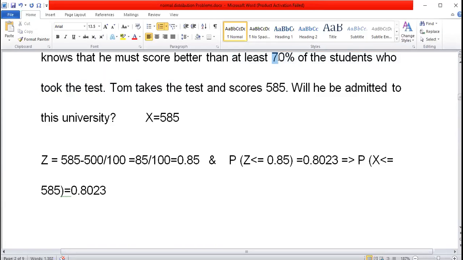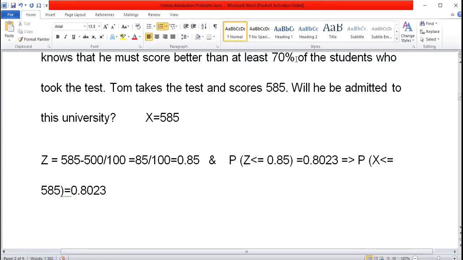So if his score is above 70%, will he be admitted? Yes. If his score is above 60%, will he be admitted? No. If his score is above 90%, will he be admitted? Yes. You have to understand this simple logic here. So we are trying to see whether his score is above 70% or not.